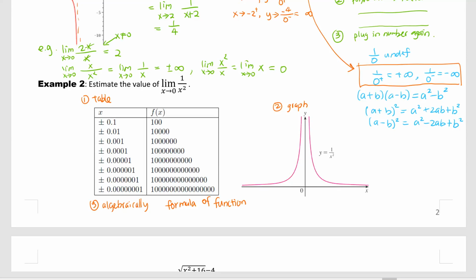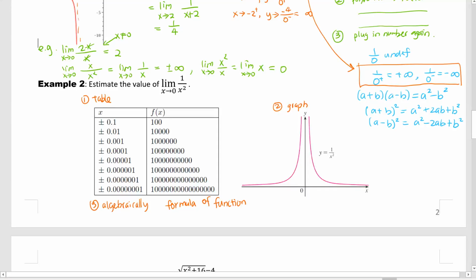Okay, so how do we get it from the table? You see x getting close to 0. So we can plug in x as plus or minus 0.1, plus or minus 0.01, getting closer to 0.